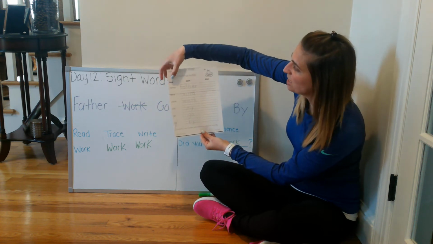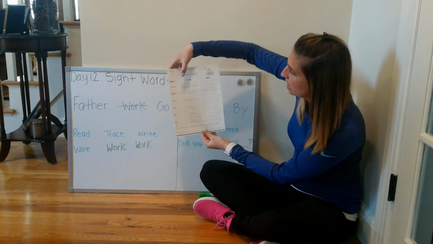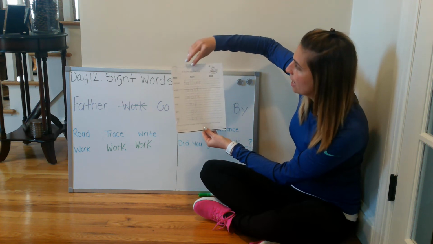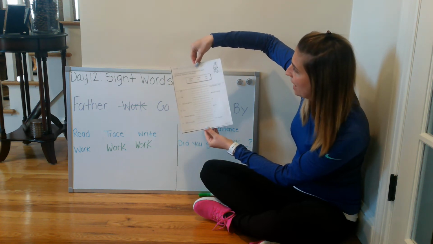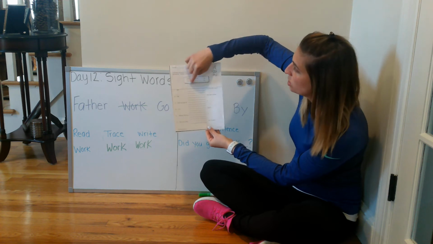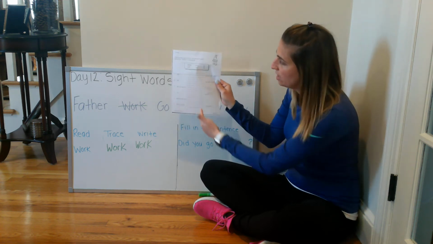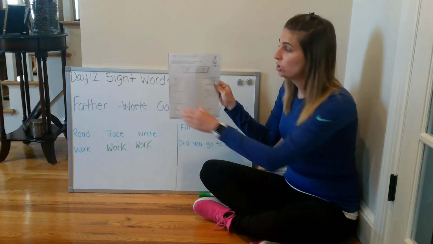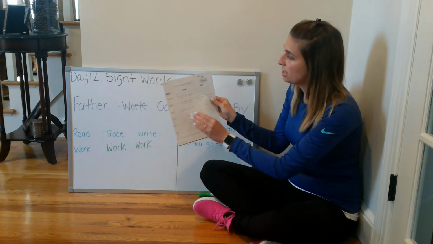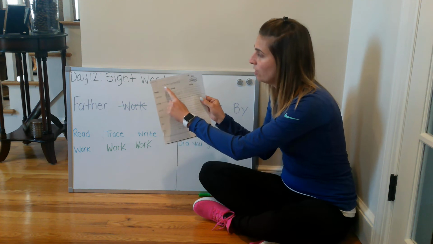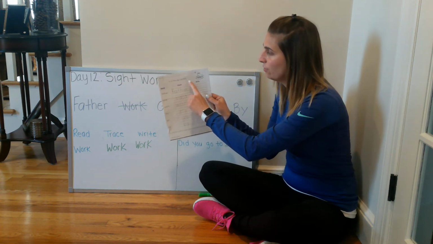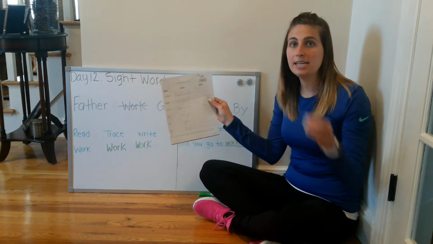You'll also see the three categories, read, trace, and write. And then when you flip it over on the back, you're going to see those same sight words in a word bank with the fill-in-the-blank sentences. So remember, you're looking for the worksheet that's titled on the front, A Fly Flew by the Frog. And you're also going to need a pencil.